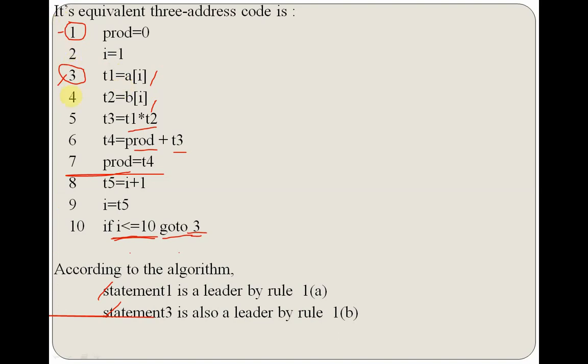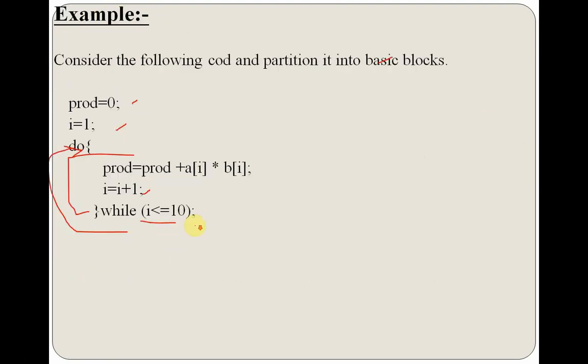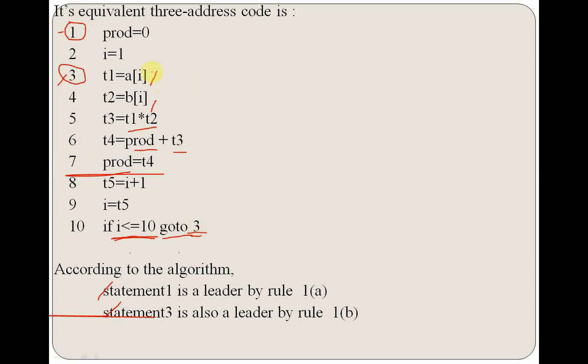Here, to make blocks, for each leader its basic block consists of the leader statement and all the other statements up to, but not including, the next leader. The first leader is this one, continue up to the next leader but not including it. So statements 1 and 2 become one block. Next, statement 3 is a leader, and from this we define a new basic block.